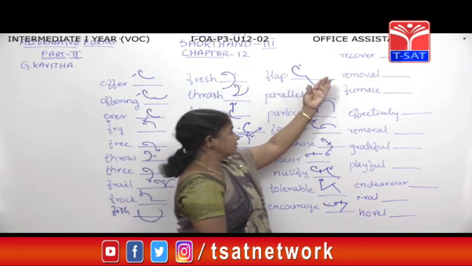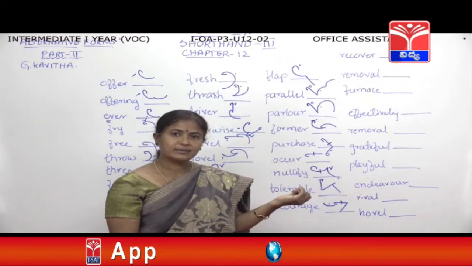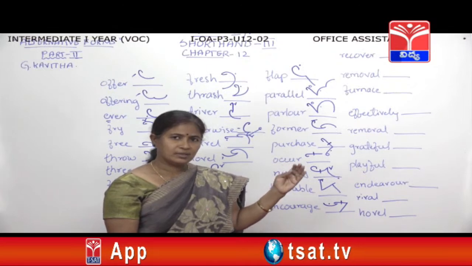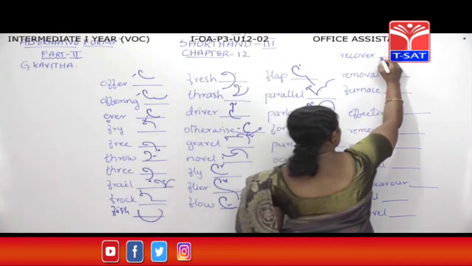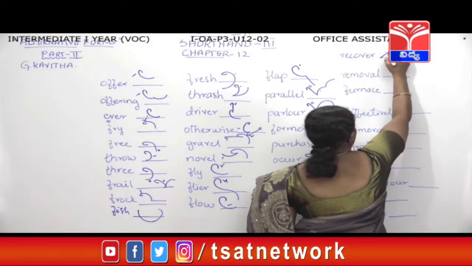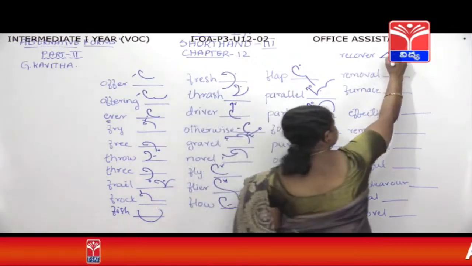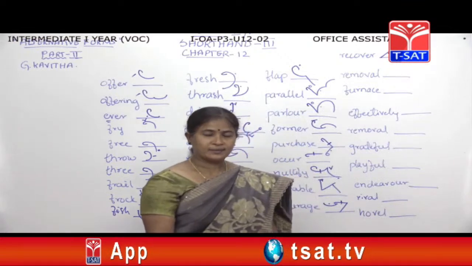Okay. Now next, recover. How many strokes we hear? Ray. Why do we write upward R? Because initial R followed by vowel. So this is ray. Now K. We add K to it. Re, ka. Then ver.